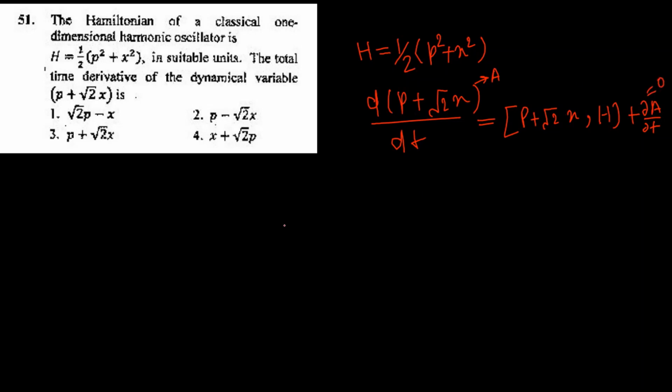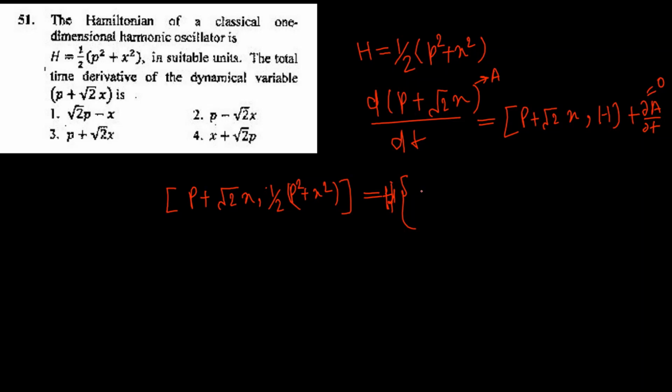Now calculate this part. You have p plus under root 2x. So this is the commutator bracket. Now we can convert this into a Poisson bracket to make it simpler, by multiplying by i h cross.